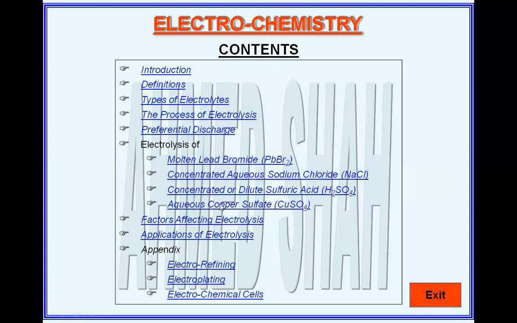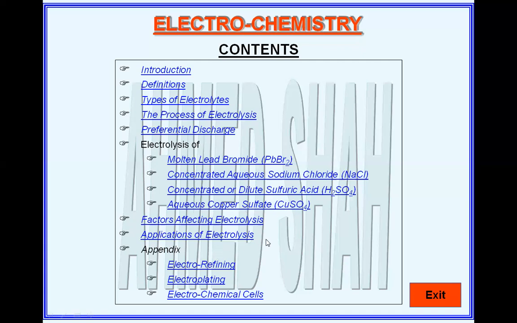When electric current is passed through aqueous copper sulfate solution, what happens if we use carbon, graphite, or platinum, meaning inert electrodes. And in the same case, we discussed electrorefining, or electrolysis of aqueous copper sulfate solution using active electrodes: copper sulfate solution, with the cathode and anode made of copper.